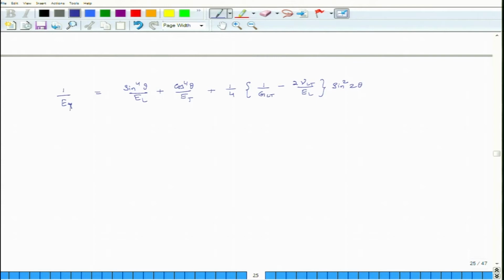The next relation is for My. Actually, before My we will express the relation for gamma yx.